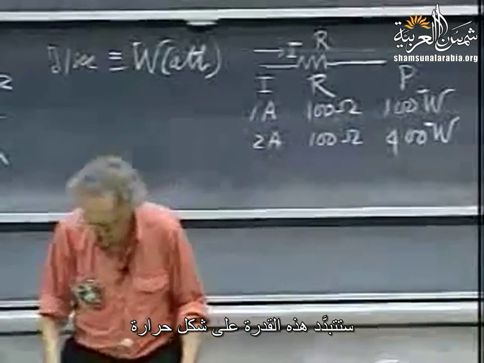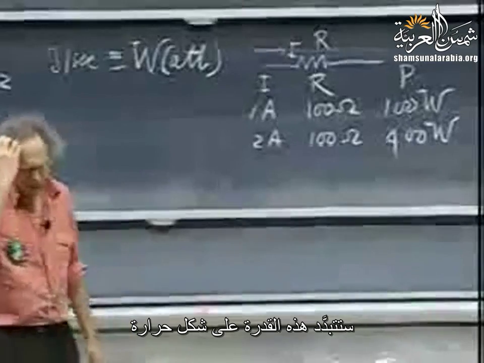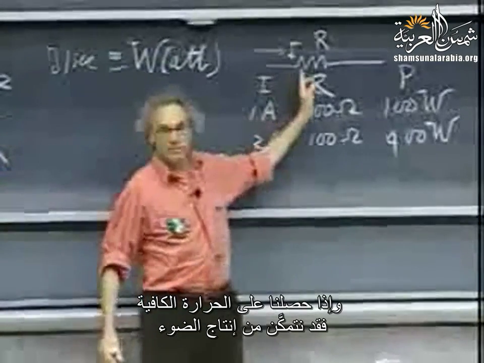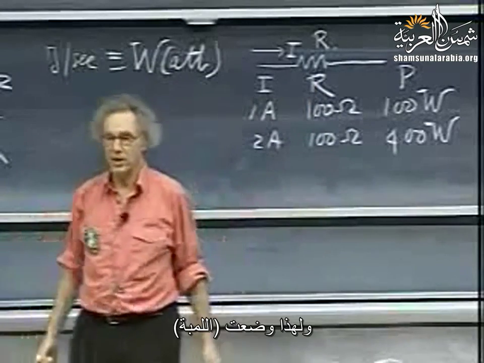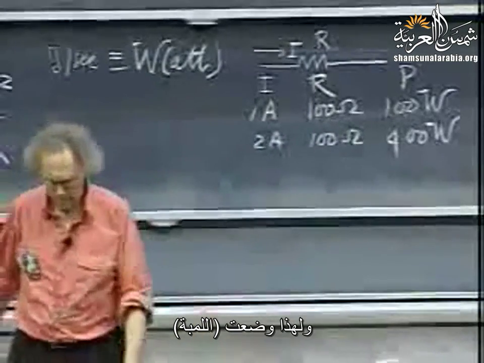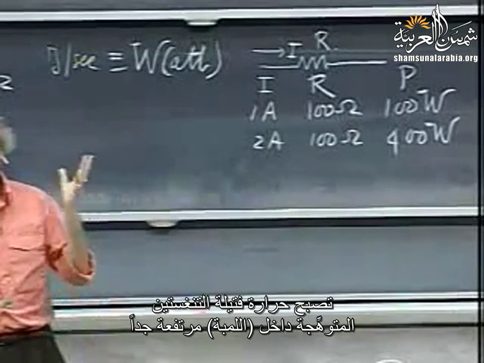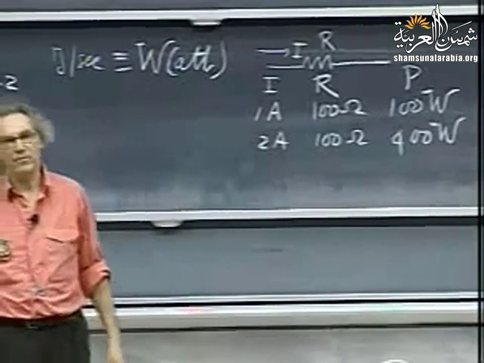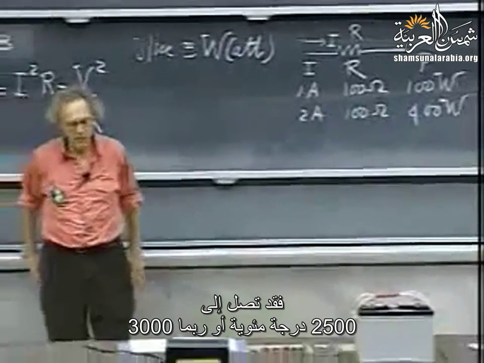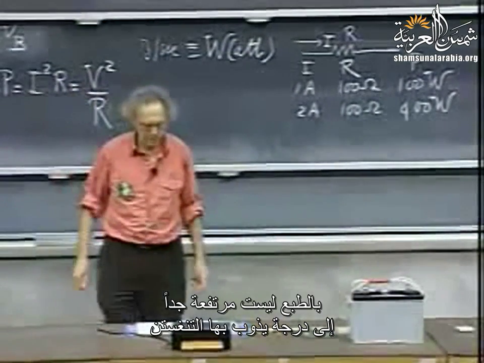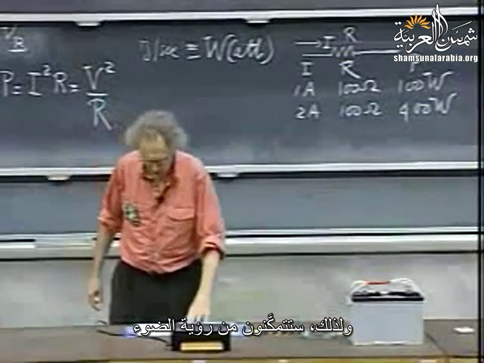Now this energy is dissipated in the form of heat, and if it gets hot enough, then maybe you can produce light. That's the idea behind a light bulb. The filament in a tungsten incandescent light bulb becomes very hot, 2500 degrees centigrade, maybe even 3000. Not so high, of course, that the tungsten melts, and so you begin to see light.